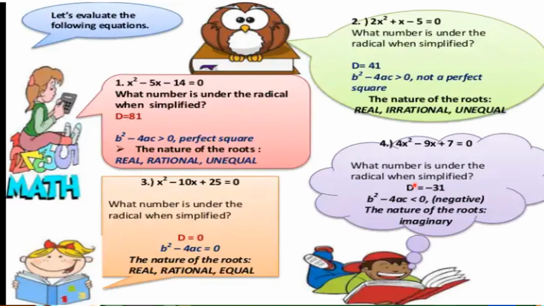Okay, next, number 4. We have 4x squared minus 9x plus 7 equals 0. So, in this case, class, kung mapapansin niyo ang naging value ng D ay negative 31. At kapag nagkaroon tayo ng negative number na value ng discriminant, tatandaan na siya, ang nature ng roots ay imaginary.